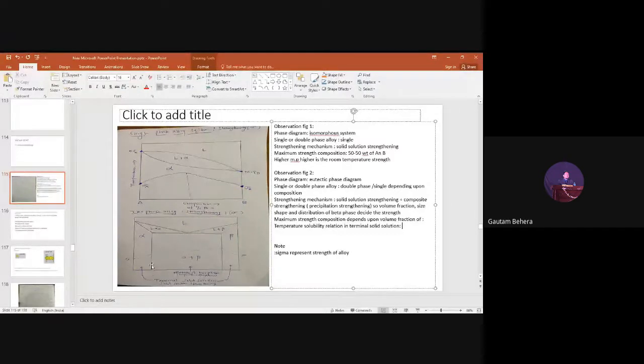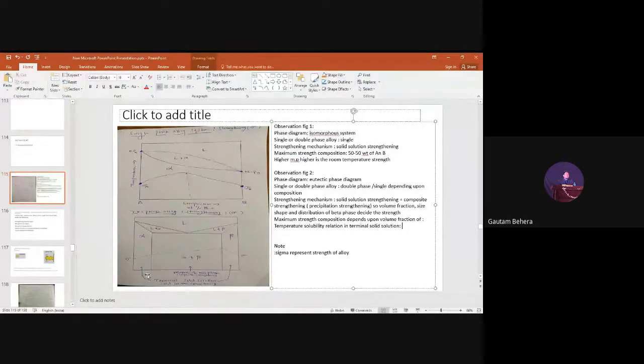If I increase the temperature, is there any change in solubility here? Who is saying yes? Aditya, can you justify? From this image, why no?